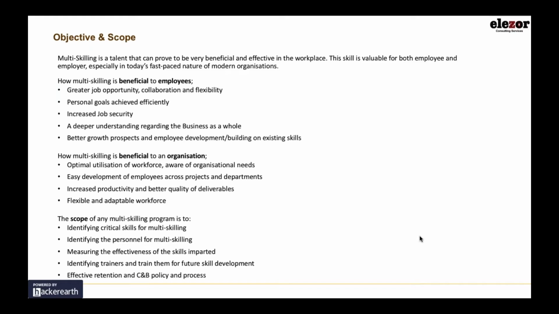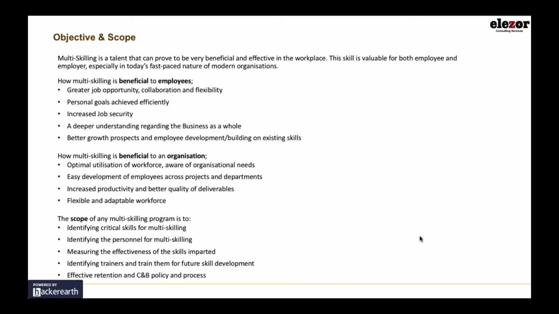Employees benefit in terms of job opportunities and collaborations. They become more flexible because they become adaptable to various kinds of incidents and environments. As a personal goal, they become more efficient, and with increased efficiency and ability to collaborate, understand various technologies and support an organization on multiple skills, job security is definitely an after effect of that.